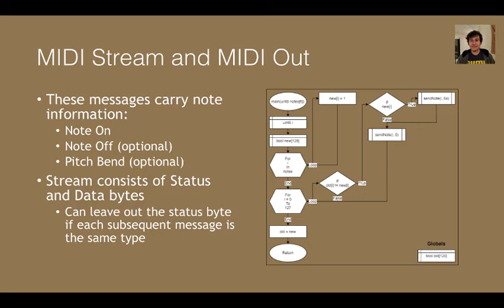The stream consists of status and data bytes, but we can leave out the status byte for each message if each subsequent message is the same type. What that means is that we only need to send the status byte once at the beginning of the stream, since all we are sending are note on messages.